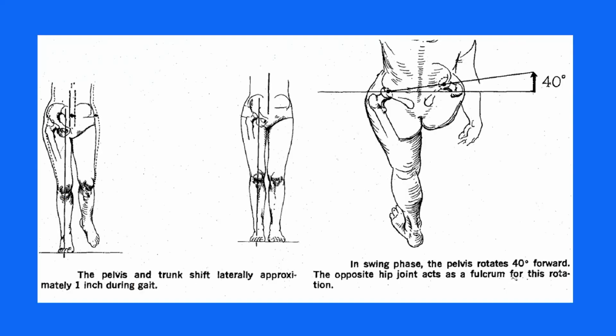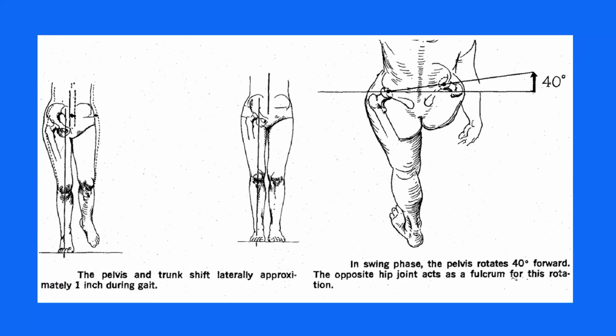When you are walking, you find that you have a fulcrum, which is the hip joint on the left, and you find that on the right-hand side there is a shift. It tilts on a fulcrum. It rotates on a fulcrum during the swing phase.